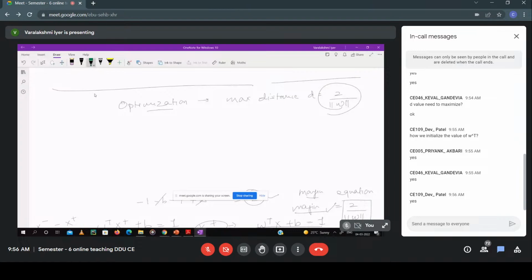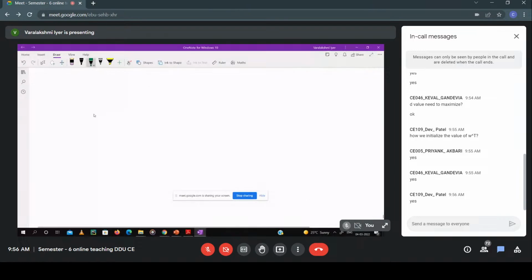See, so far in the optimization problems that we have solved in the case of linear regression and logistic regression, if you recall, our optimization problem was an unconstrained optimization problem. So far, we just had to minimize the cost function that was given to us. There was no constraint given to us.